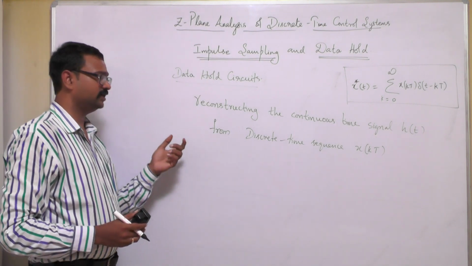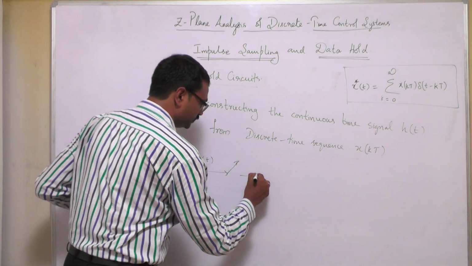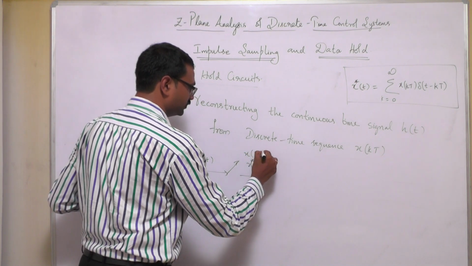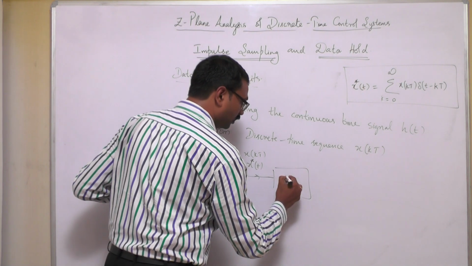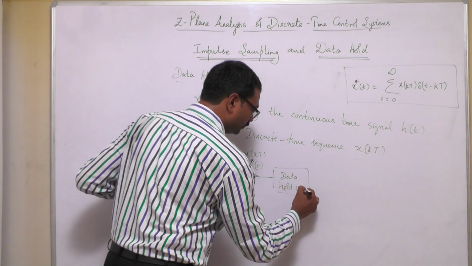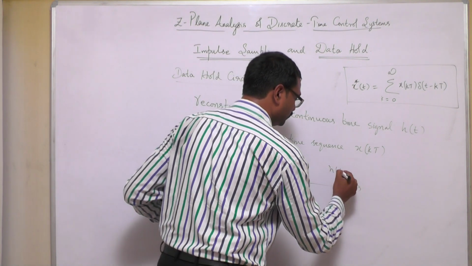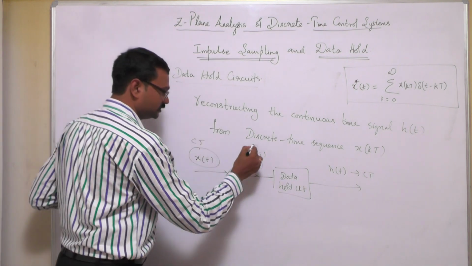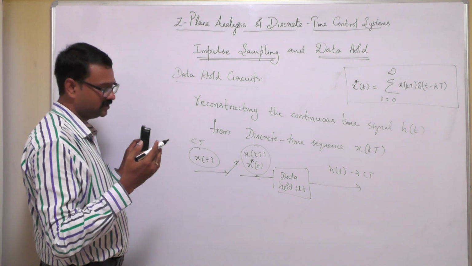You can understand this. Already we have discussed that we are having a continuous time signal x of t. When it is applied to a sampler, you are getting x star of t, or you can call it x of kT. Now when this is given to a zero order hold or a data hold circuit, you are going to get h of t, which is again a continuous time signal. Now this is a sampled data signal, or a signal that is having values only at discrete instants of time.